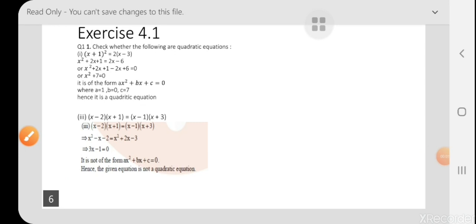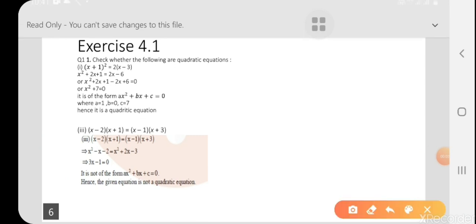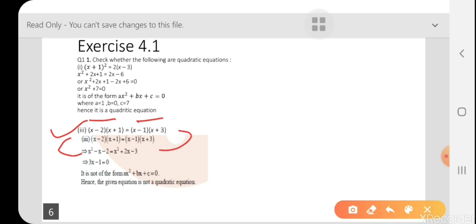Now we will take another question, question number 3: x minus 2 into x plus 1 is equal to x minus 1 into x plus 3. Multiply the two terms on the left side and the two terms on the right side. After multiplication we get x square minus x minus 2 on the left side and x square plus 2x minus 3 on the right side, and after calculation we get 3x minus 1.